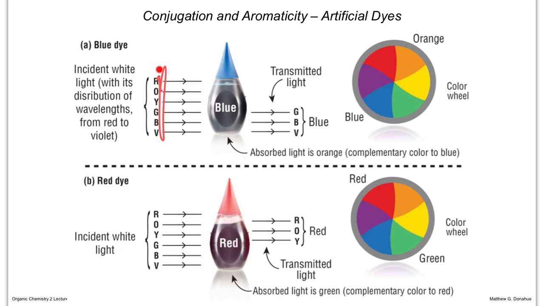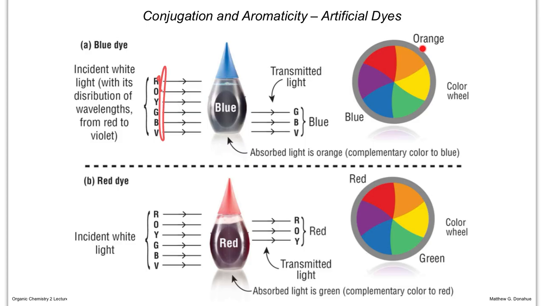So it has all of these different wavelengths, and we're just perceiving it as white light. And then this colored dye, which we see as blue, is acting as like a filter. So because it's blue, that means it's absorbing the complementary color, which is orange.